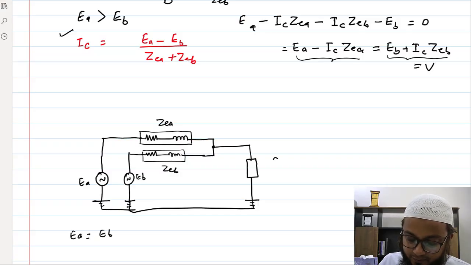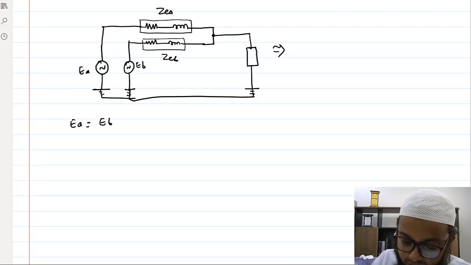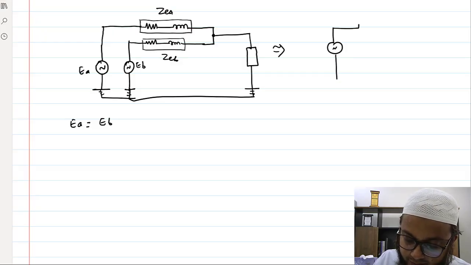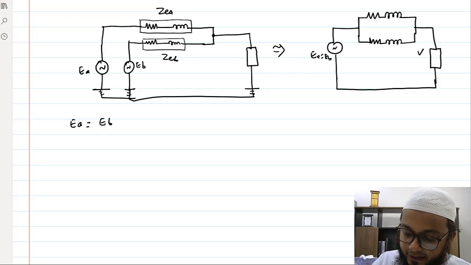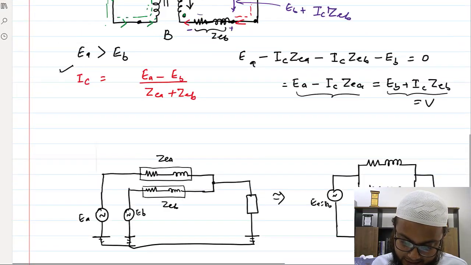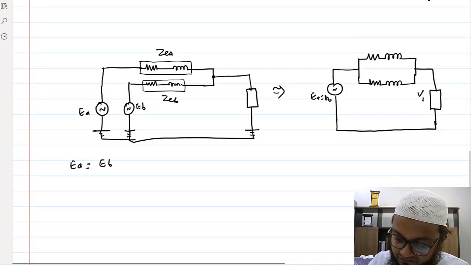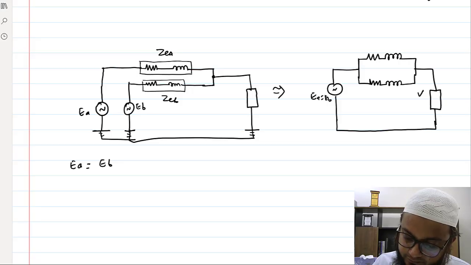So if we further simplify it, this is EA is equal to EB, and this is your voltage V here. So this is V here, and this is ZEA, and this is ZEB.